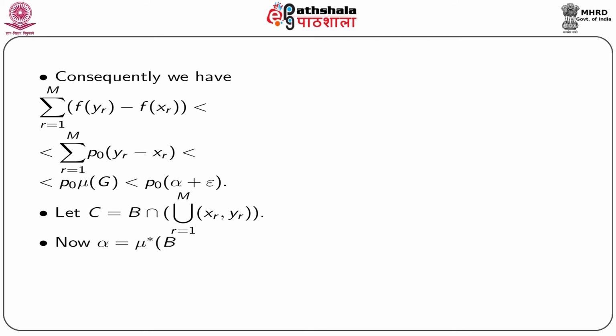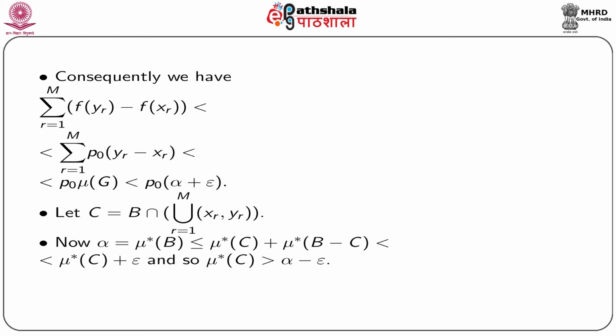Now, we have mu star B, which is equal to alpha, is less than or equal to mu star C plus mu star of B minus C by the subadditivity property of the Lebesgue outer measure. This is again less than mu star C plus epsilon, and consequently we get mu star C greater than alpha minus epsilon.